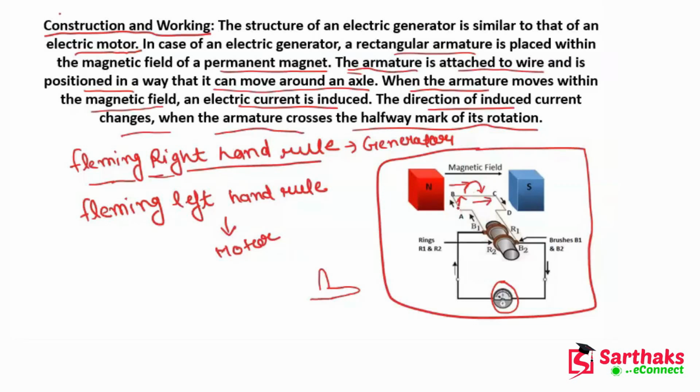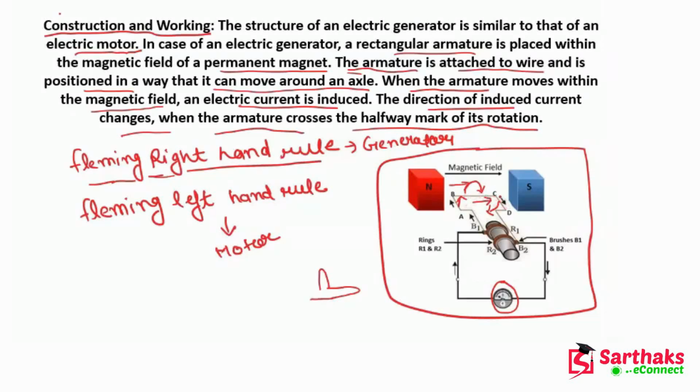After this, because we know that this is going upward, this CD will be going downwards. Now if you apply Fleming's right hand rule for this CD, you will find that the direction of the current in CD will be from C to D, like this.